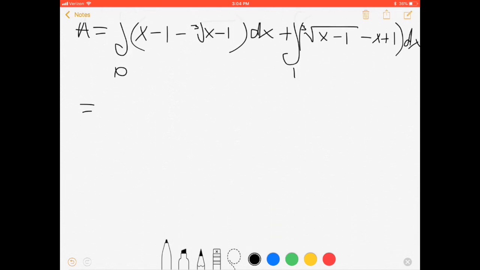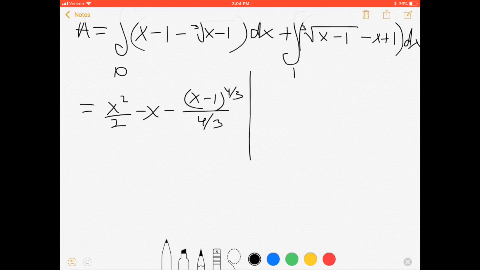The first integral gives me x squared over 2 minus x. Here's 1/3, this means if we add 1, this will be 4/3, minus (x minus 1) to the power 4/3 over 4/3. And here we need to plug in the points from 0 to 1.